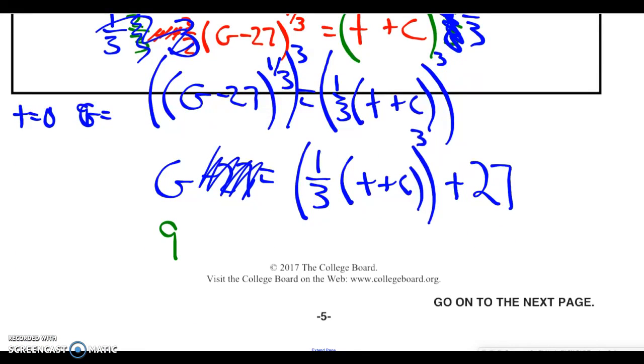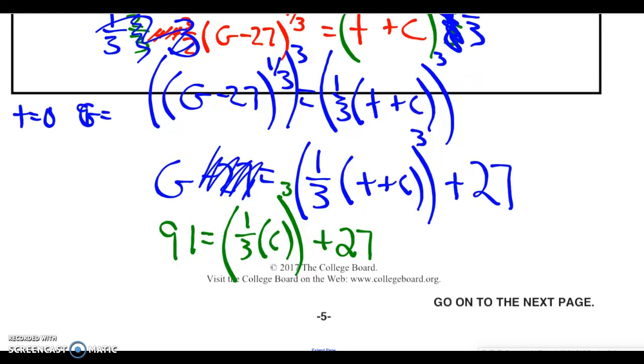So we've got 91 equals (1/3 c) cubed plus 27. So I'm going to subtract 27, bring it to the side. Then I'm going to put that to the 1/3 power. And then I'm going to multiply it by 3 to give me c.